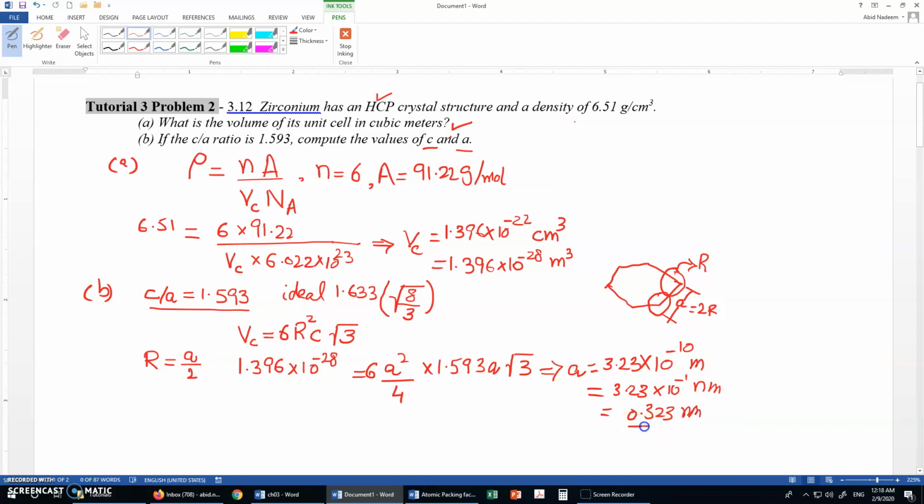This will be the dimension A for the unit cell, and the dimension C for the unit cell will be equal to 1.593 times 0.323, which is equal to 0.515 nanometer. So these are the answers.